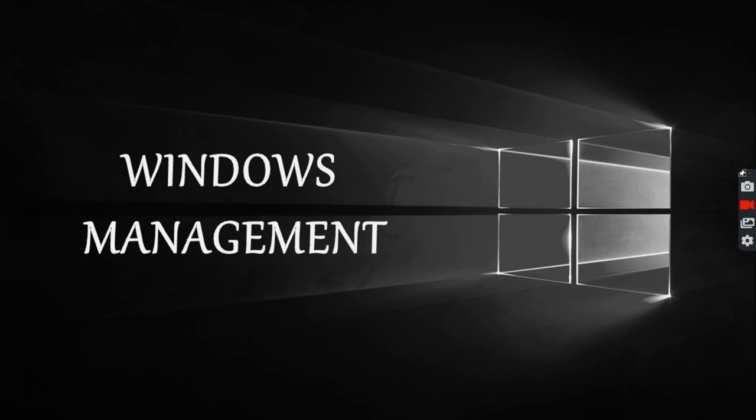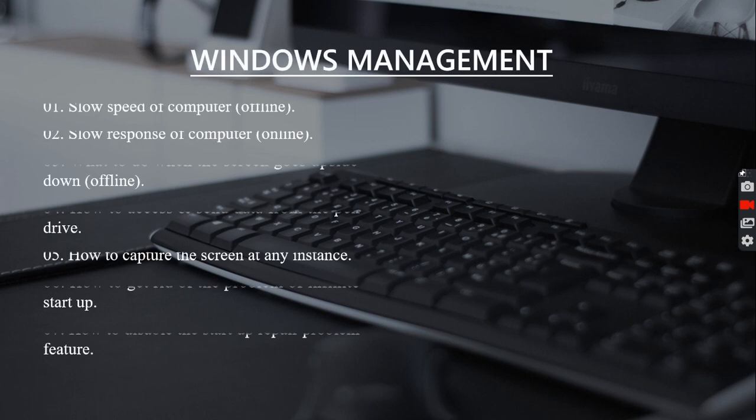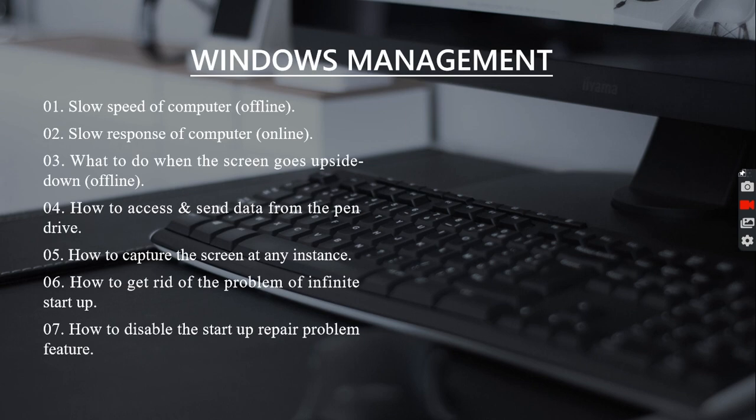Next, we are going to discuss Windows management. In Windows management, the problems that users usually face are, for example, slow speed of the computer, slow response of the computer, and what to do when the screen goes upside down. So these types of initial problems, startup repair problems, getting rid of the problem of infinite startup.